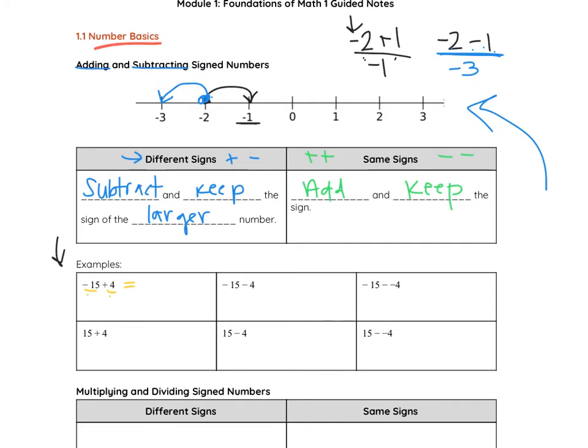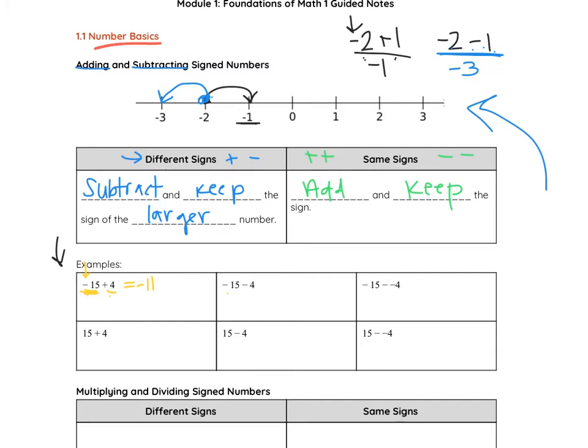So take the bigger number is generally what I do. 15 minus 4 is 11, right? But we're going to keep the sign of the larger number, so that ends up being -11, which makes sense because if I started way back at -15, I want you to try to visualize that on a number line, and I moved up 4 spaces, I'm still negative, right?